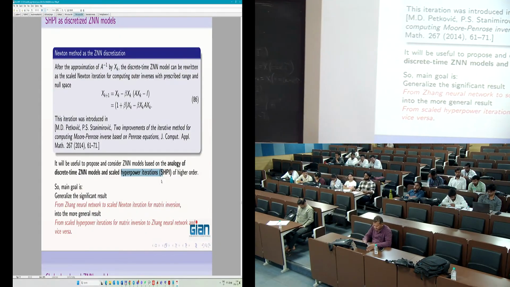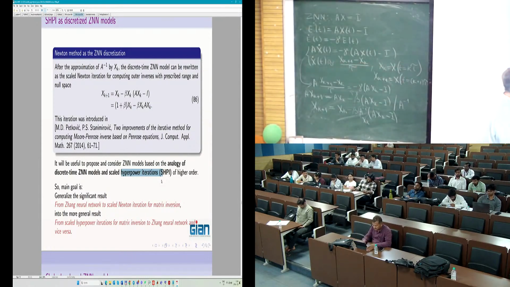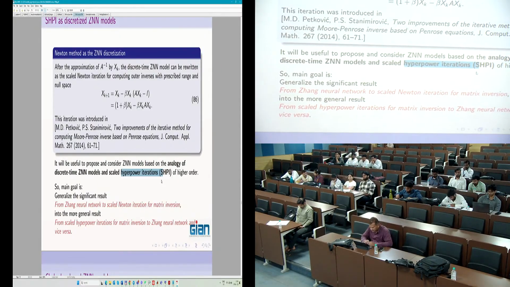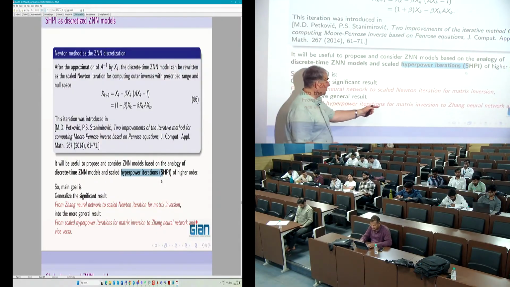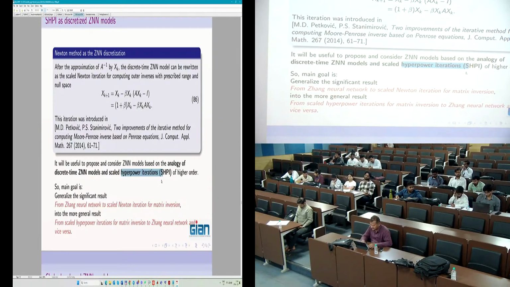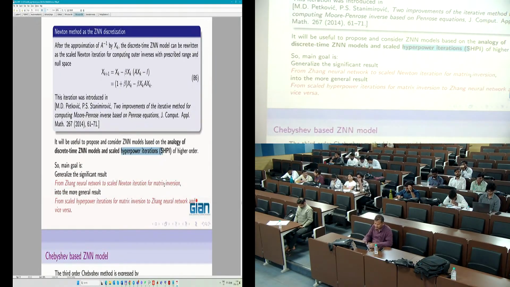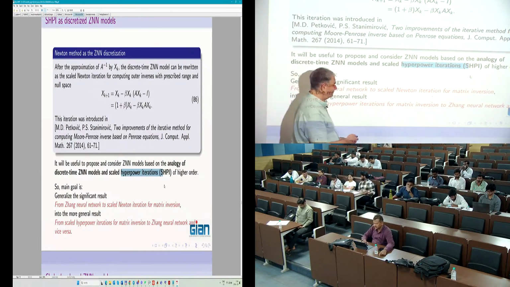Here we analyzed this process from the ZNN to scaled Newton iteration. So our more general idea was from scaled hyperpower iterations for matrix inversion. Also, there was another result from the ZNN to scaled Newton iteration.